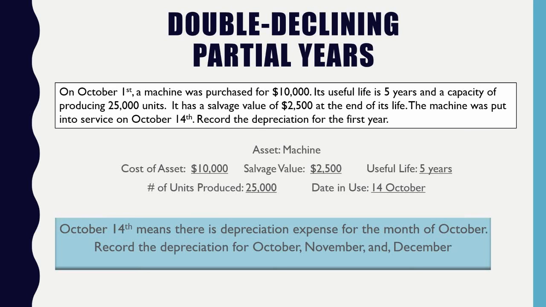It's very time sensitive. So in this case, on October 1st, a machine was purchased for $10,000, and its useful life is 5 years, okay? And its capacity of producing 25,000 units, okay? It has a salvage value of $2,500 at the end of its life, and the machine was placed into service on October 14.